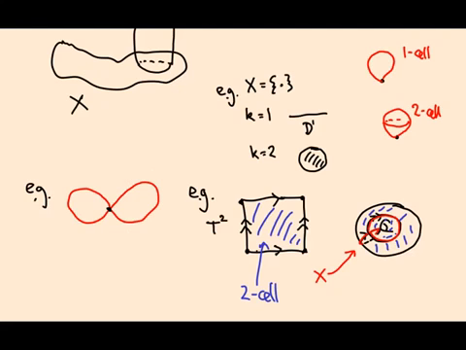The boundary of that two cell winds around the two circles in the figure 8 in this way. It goes along the first one, let's say A, then along the second one, B, and then backwards along A, and backwards along B. And that tells us how exactly we should attach this 2-cell to the figure 8.